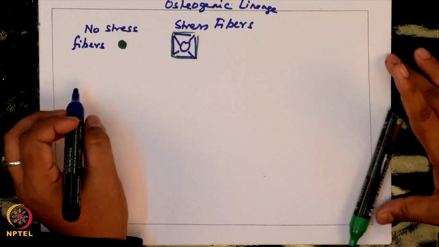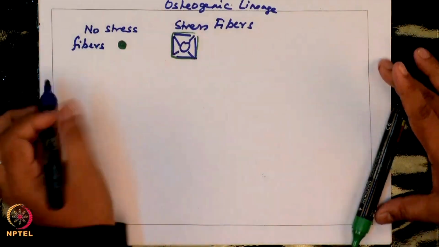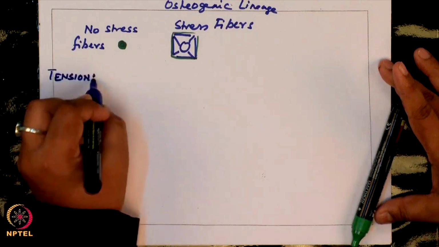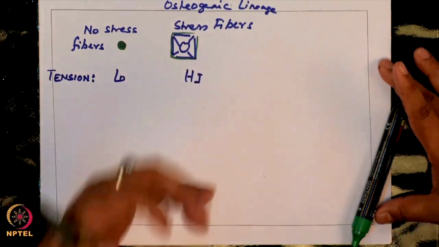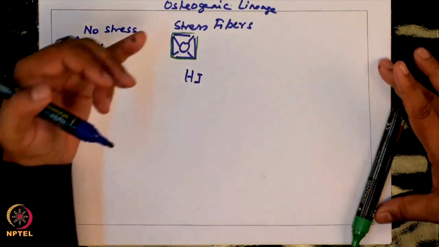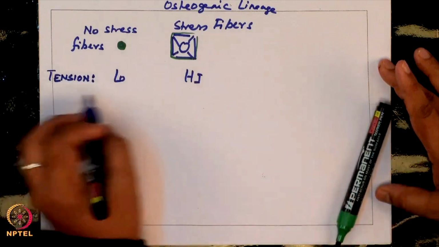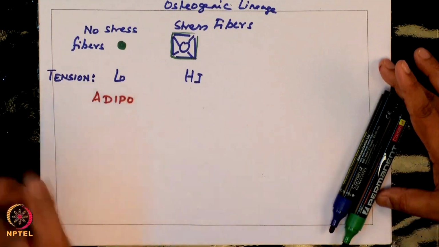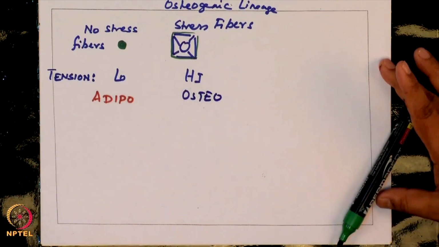So, again going back to the analogy of the cell as a tent, a greater amount of stress fibers means higher tension. If I were to draw the level of cytoskeletal tension, this is low, this is high. So, again you have this correlation between tension and lineage differentiation. When tension is low, you have adipogenic differentiation. When tension is high, you have osteogenic differentiation.